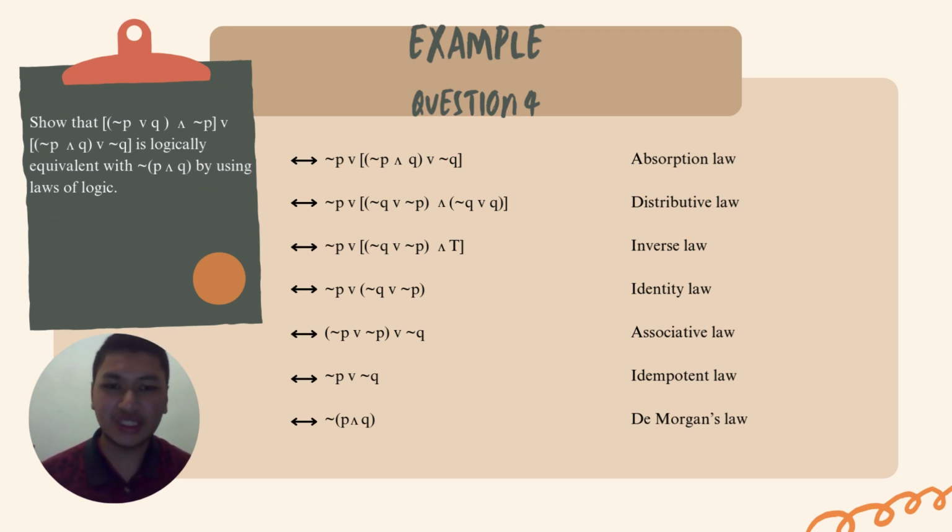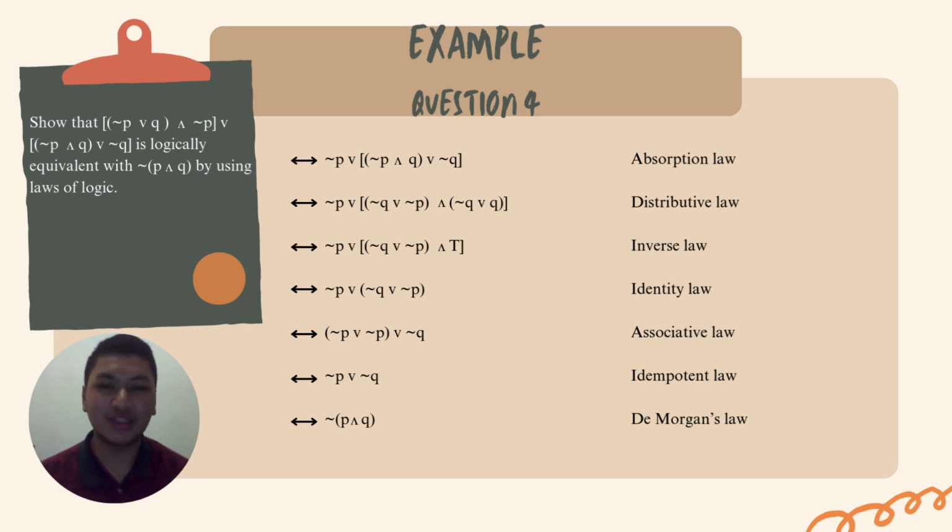For the identity law, we simplify it, so for B it will become ¬Q ∨ ¬P only. The tautology disappears, just like that.